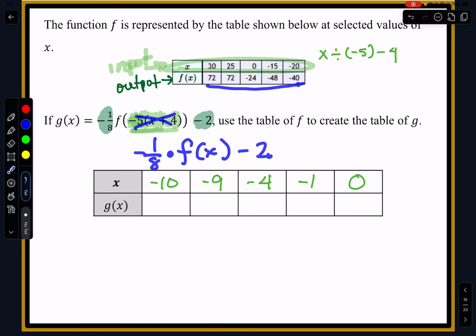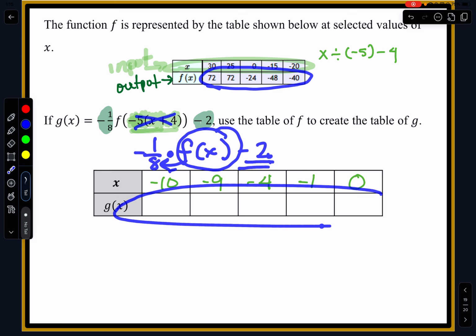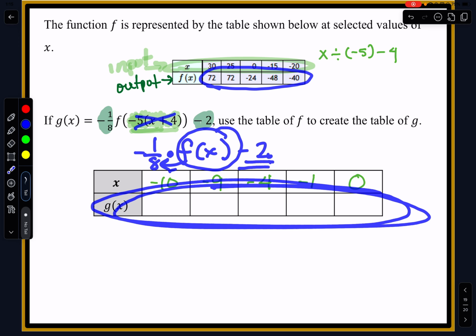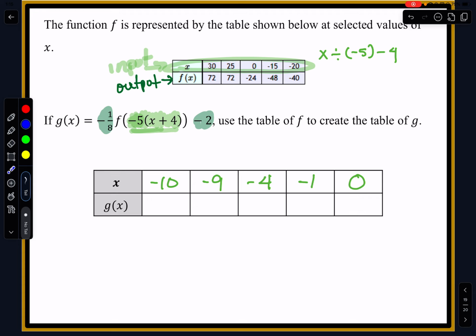We're going to multiply all of these f of x values, which is this right here, by this number first, because again, multiplication takes priority in the order of operations, and then we're going to subtract 2. And that's going to create the transformation to give us the table for g. So let me write that down.